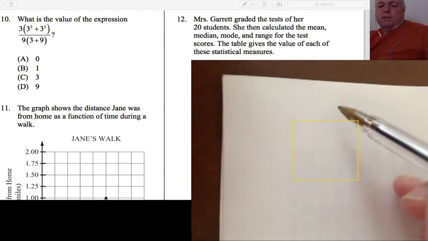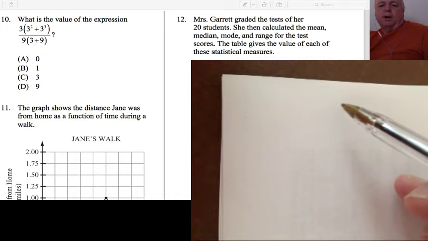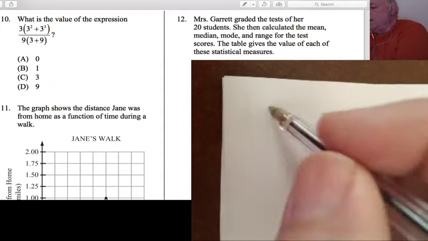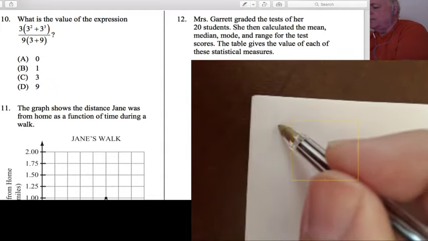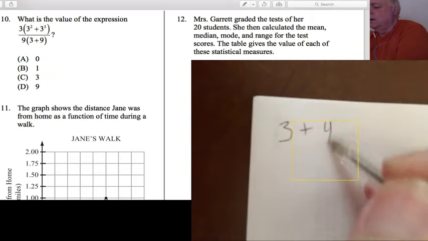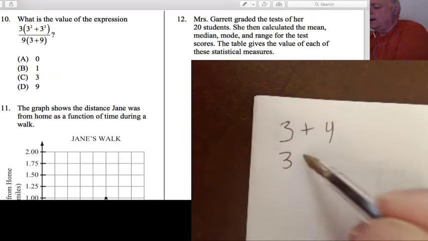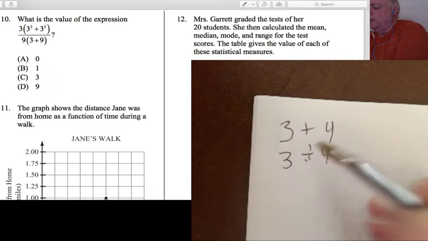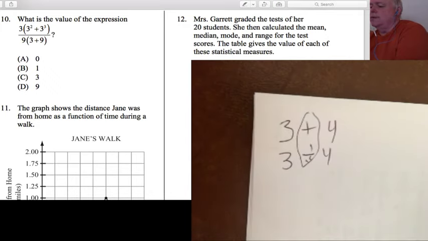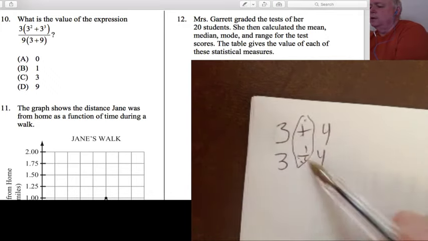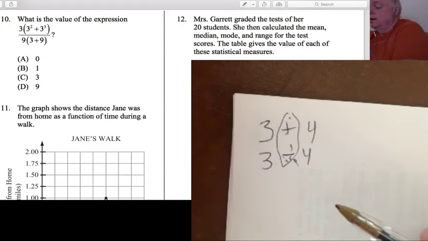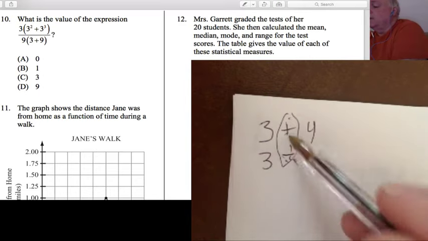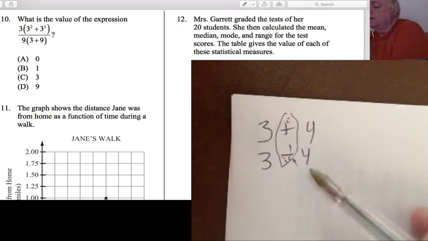In fact, let me bring this up because I want to make sure I have the numbers going right. One of the problems I noticed, in passing, is that if something has something like 3 plus 4, in a lot of the fonts, 3 divided by 4 can almost look like the same operation. For people with glasses, my eyes are weak at this point, and sometimes I have to double check.